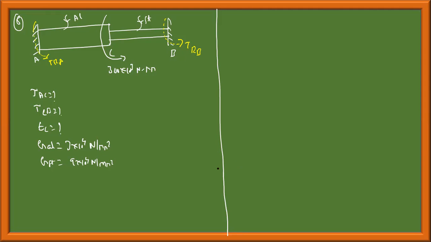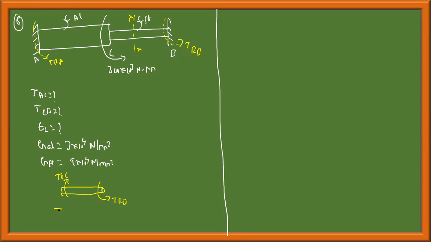Next, as usual, I assume a section here, XX. Now let's consider this section. This is torque TRB, and this is a section torque TBC.